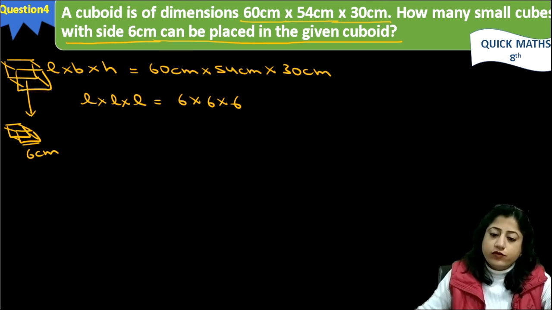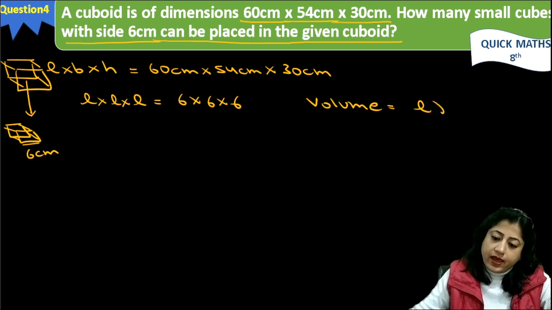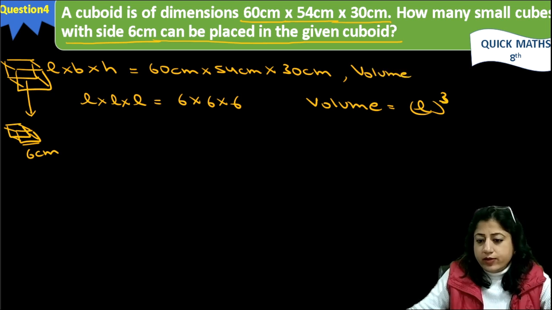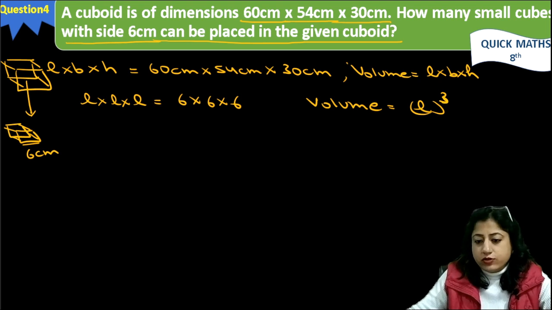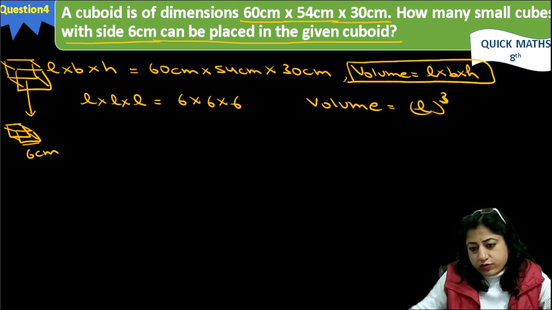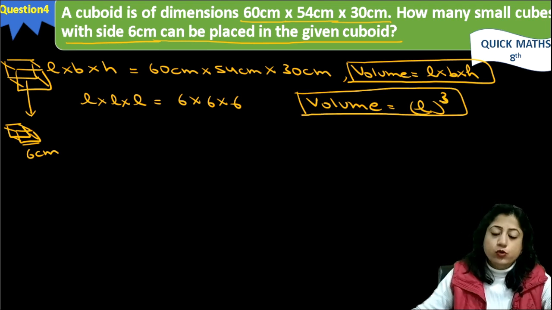Because in the case of a cube, the volume is L cube, and in the case of a cuboid, the volume is L into B into H. So these two formulas we will use for the volume of the cuboid and the volume of the small cubes.